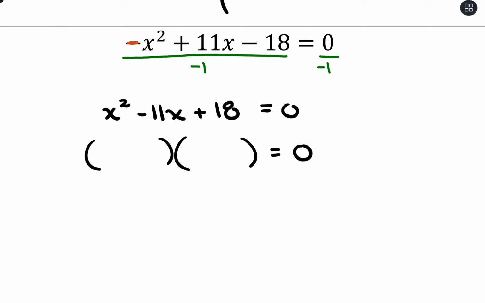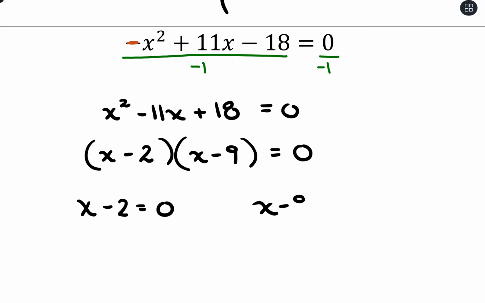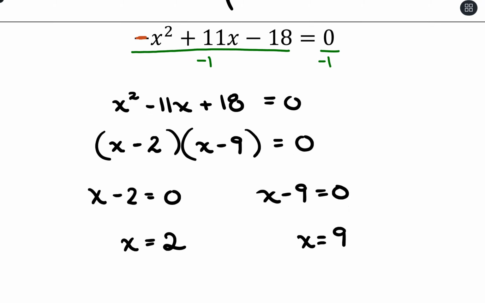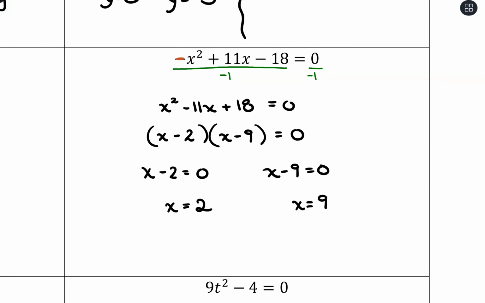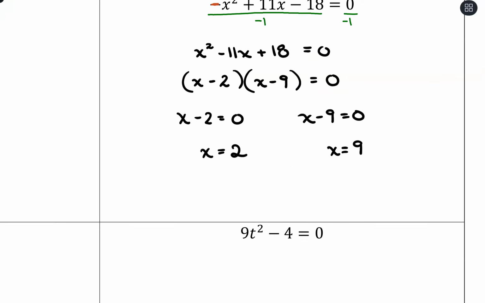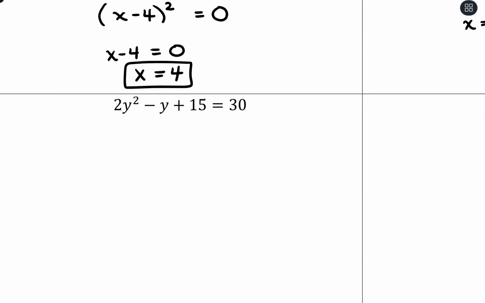And we'll factor, so multiplying to positive 18, adding up to negative 11, I'm thinking 2 and 9. So x minus 2, x minus 9. So x minus 2 is going to equal 0, or x minus 9 is going to equal 0. So x is positive 2, and x is positive 9. And there are our solutions.